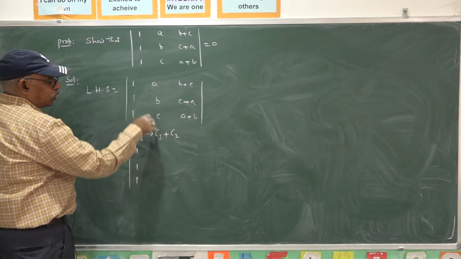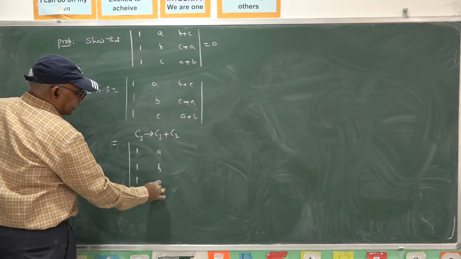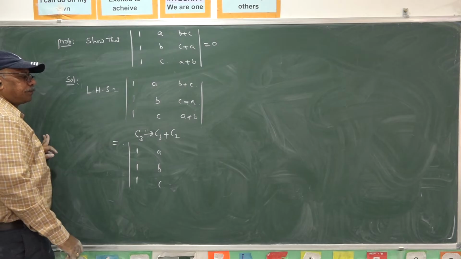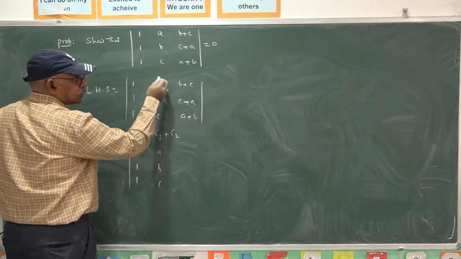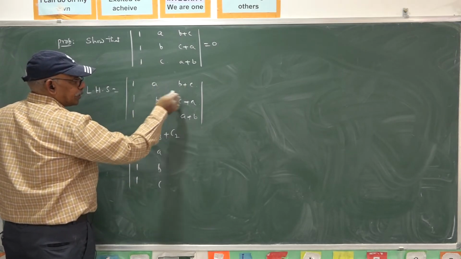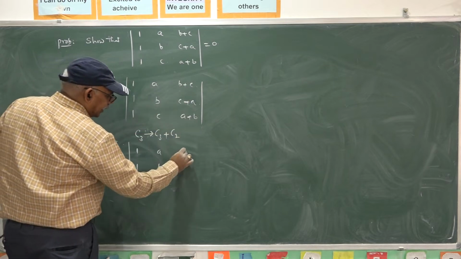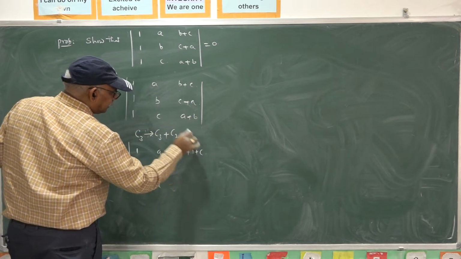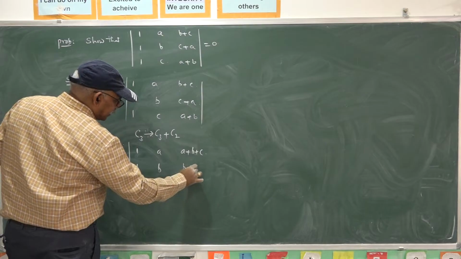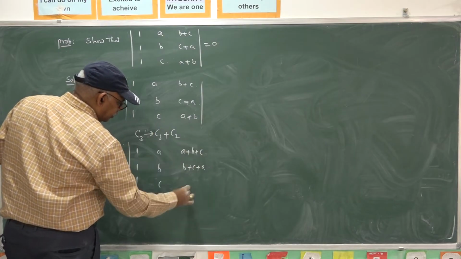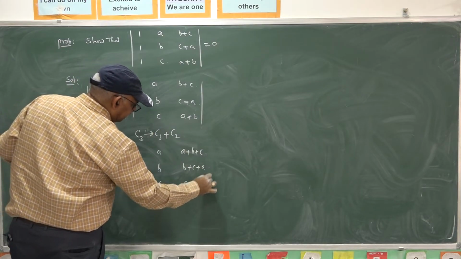So, the first two columns are unchanged here because the transformation is over C3, and we are adding the corresponding elements of C2 and C3. So, we are getting A plus B plus C here, adding these two, B plus C plus A here, adding these two, we get C plus A plus B here.